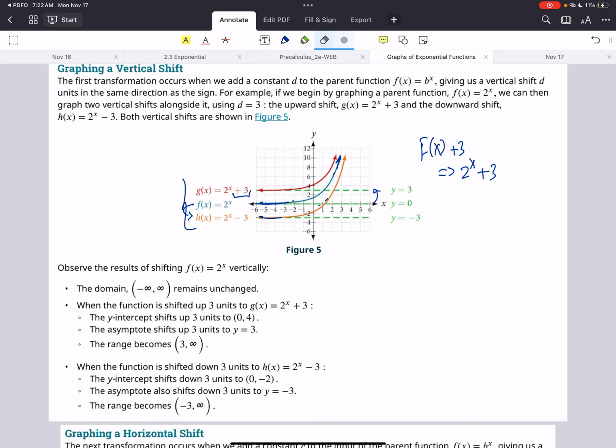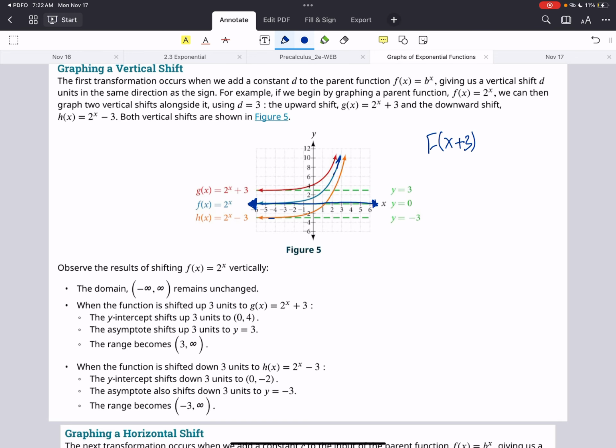It's that simple. But what happens if I add to x? Remember, let's say I add 3 units to x. When I'm adding or subtracting from x, that means we're dealing horizontally, right? We're dealing with the x-axis. It would either move to the left or to the right.